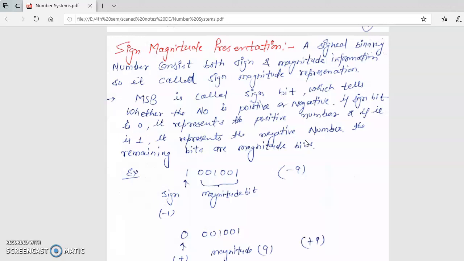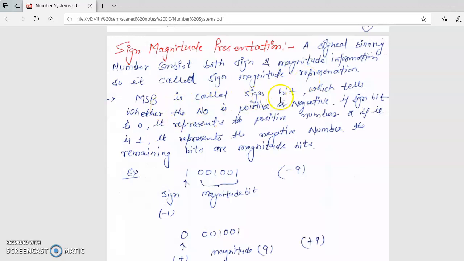The MSB represents its sign, and all the remaining digits represent the magnitude. A signed binary number consists of both sign and magnitude information, so it is called sign magnitude representation.